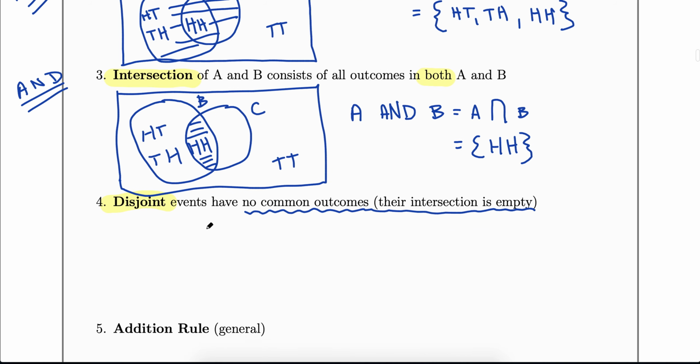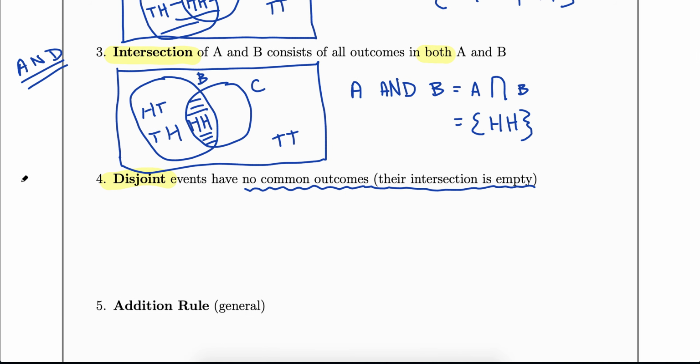Another phrase for disjoint is mutually exclusive. So when we say mutually exclusive, that's a synonym for disjoint. Be comfortable using those words interchangeably. They mean the exact same thing. So disjoint events have no common outcomes.